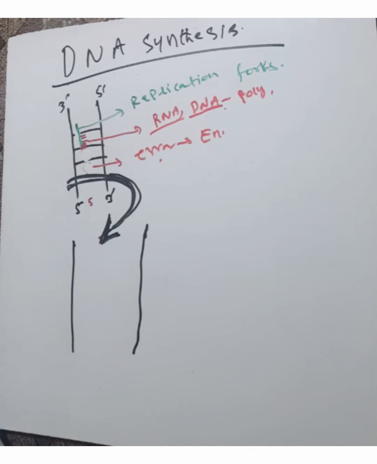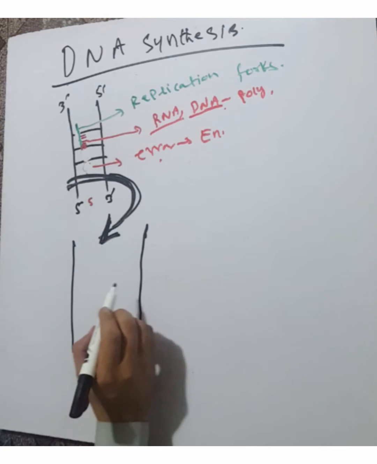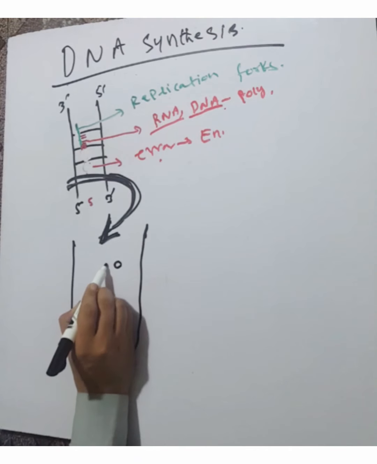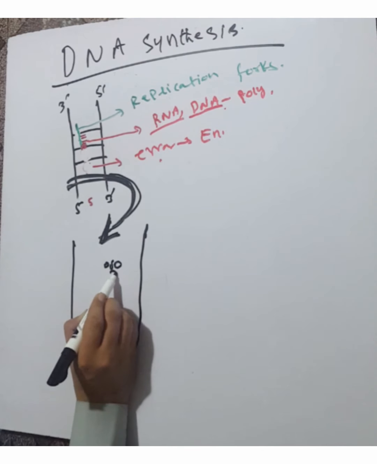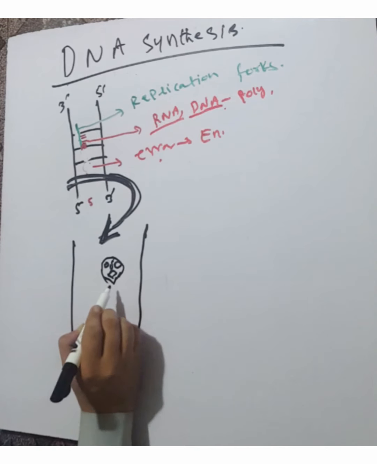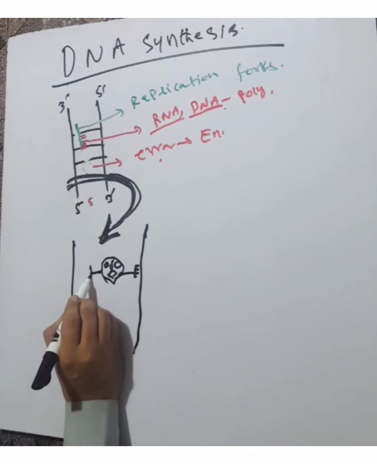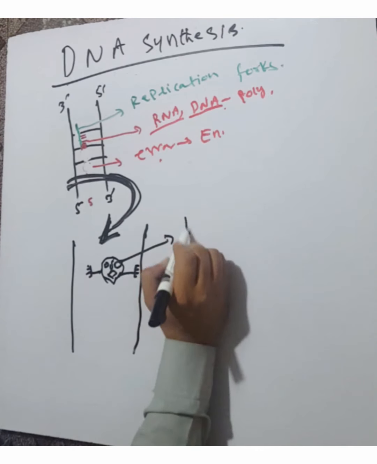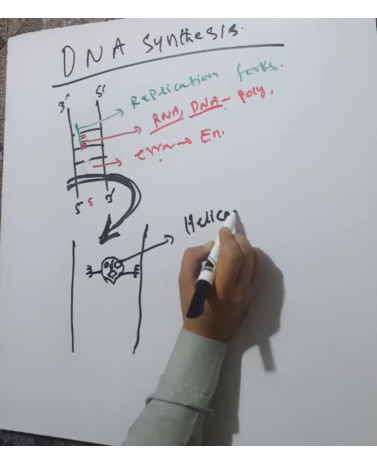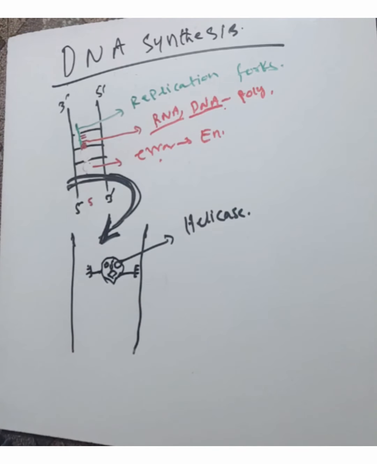That is called unwinding of the strands, with the help of an enzyme called helicase. This helicase separates the two strands of DNA.